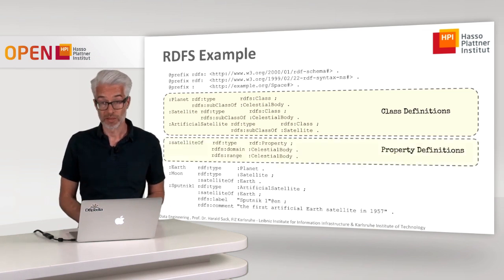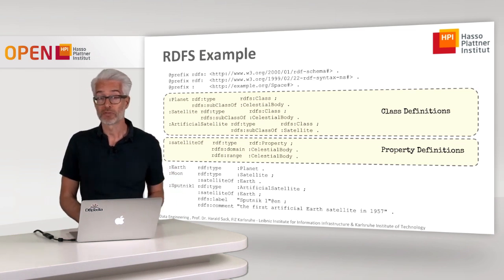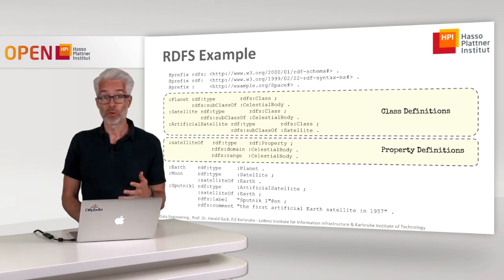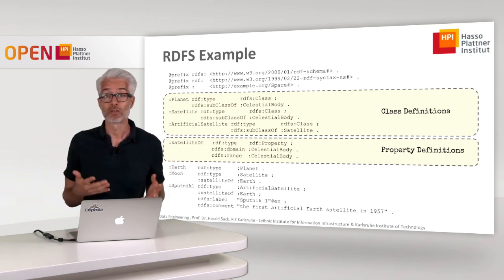Then we come up with the property definitions. In the property definitions, we have a property which we call satellite of, and we define domain and range of that property, which is in both cases celestial body. So now we have defined the so-called terminological knowledge.